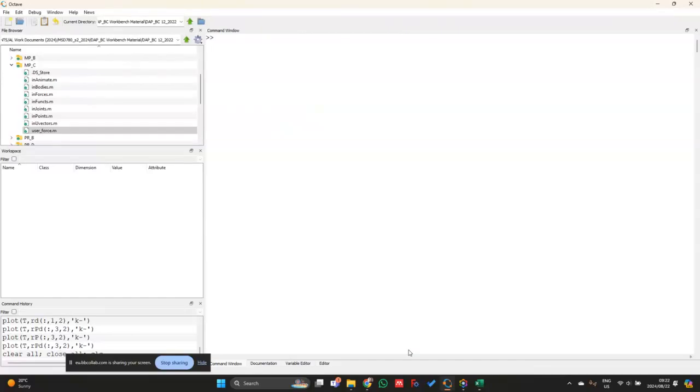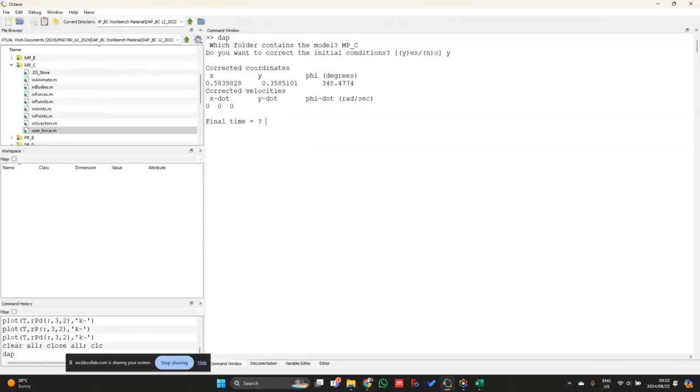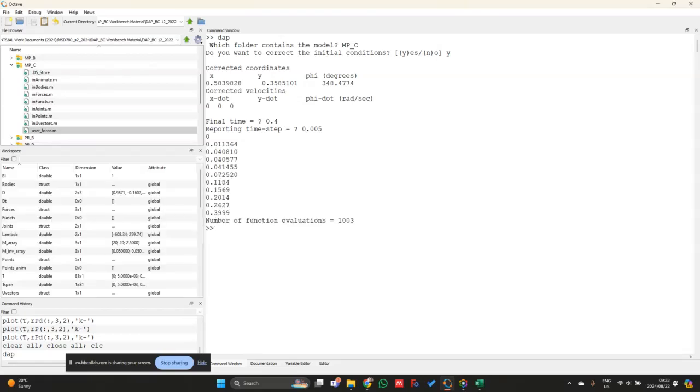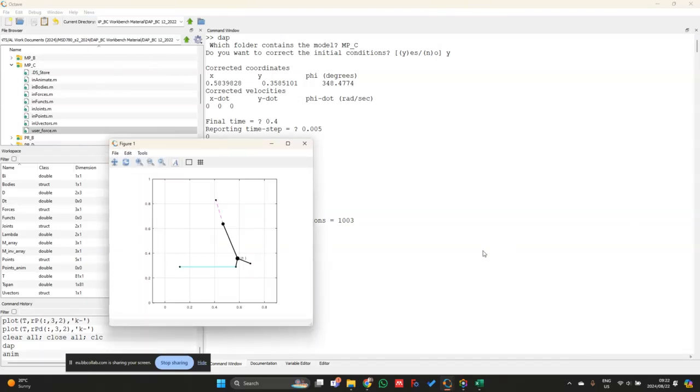Right, so with all of that done, now we can rerun DAP, and we're going to do it for MP_C. We're going to correct the initial conditions. Final time is still 0.4, and the reporting time step is still 0.005 seconds. Okay, so if I then visualize it with animate again.